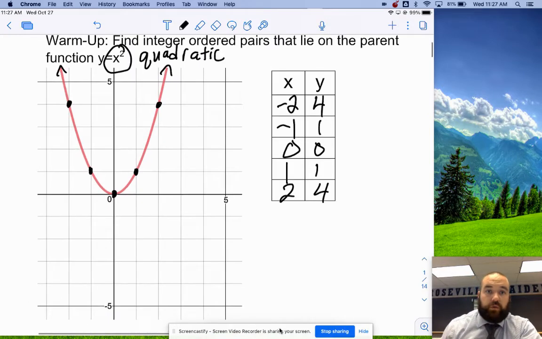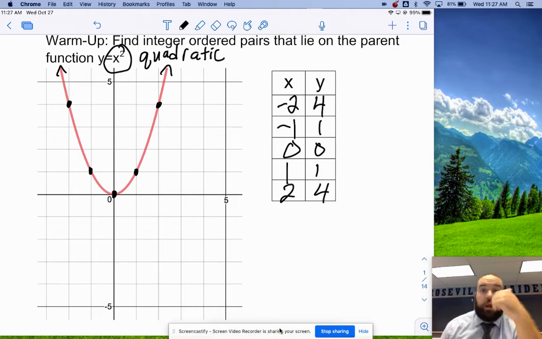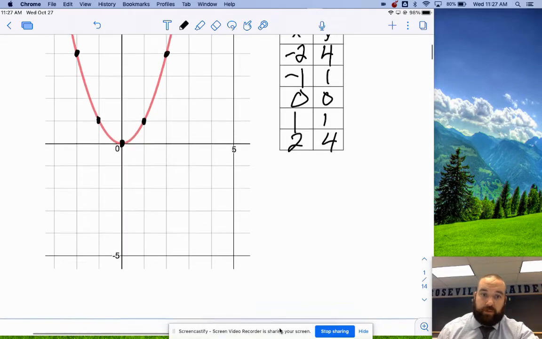So these 5 points are going to help us create and transform the parabolas. We've already talked about transforming absolute value functions as well as some other functions. In this unit, we're going to focus on quadratic graphs and these parabola shapes.